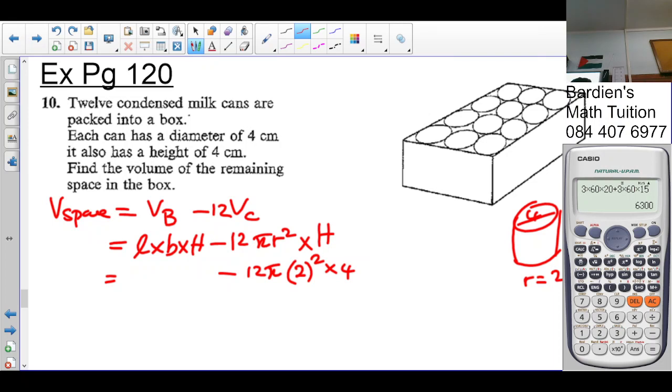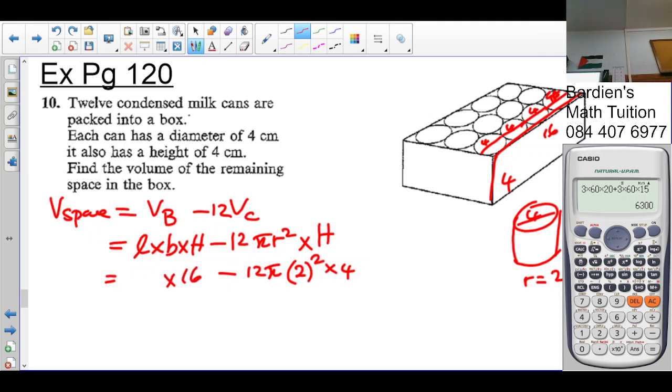Now coming back to the length, the breadth and the height of this box. What is the height of this box? 4, because of the can which fits in. What is the length? 16. How do you get 16? So it's 4, 8, 12, 16.